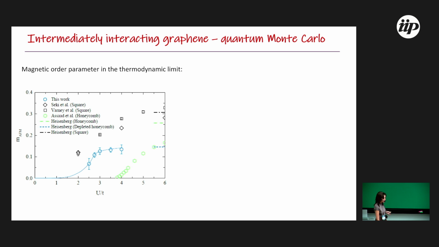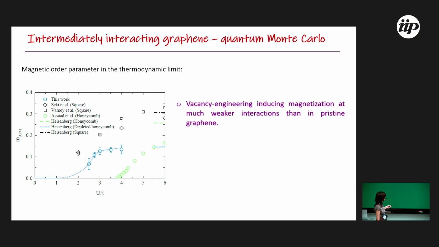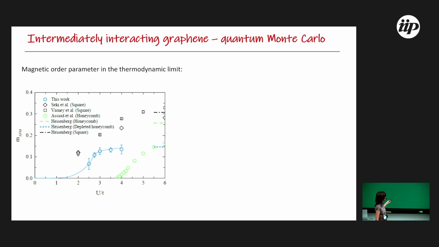So we can also compute the magnetization. When we put this together, magnetization versus U, here is the result for pristine graphene that I have already commented on at the beginning, and this is the result for our depleted honeycomb lattice.